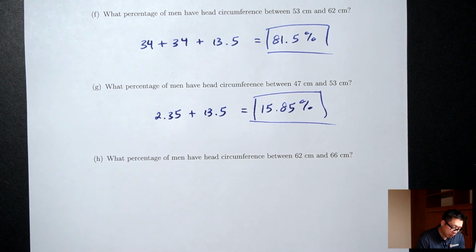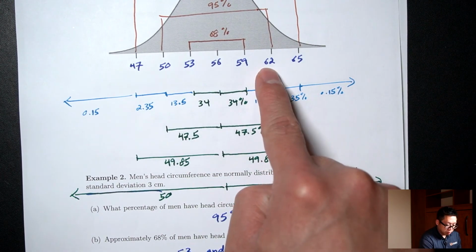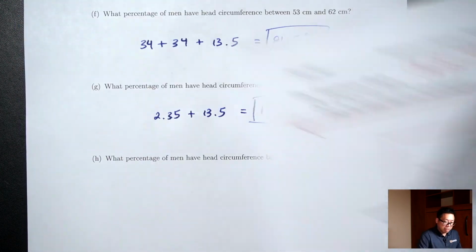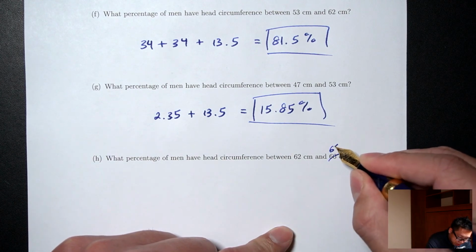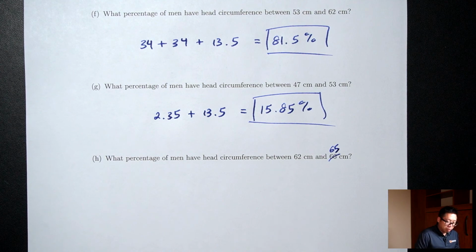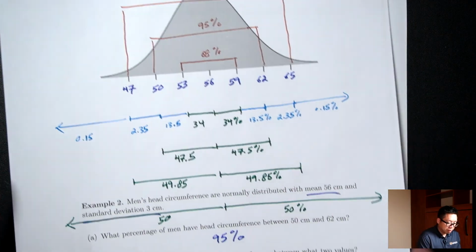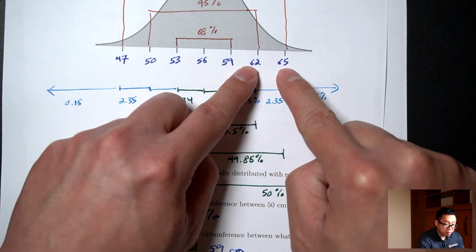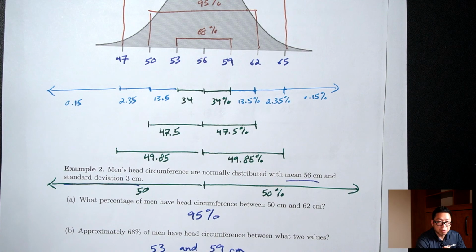H, what percentage of men have head circumference between 62 and 66? Here's 62. Okay, I think I did that wrong. That should actually say 65. So what percentage have head circumference between 62 and 65? Just that piece, so just 2.35%.